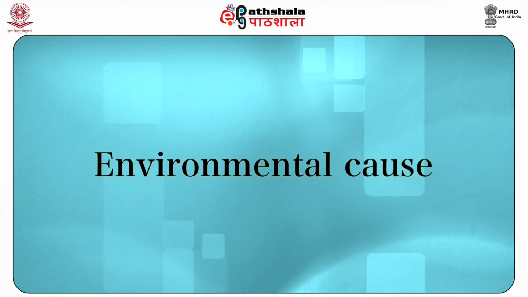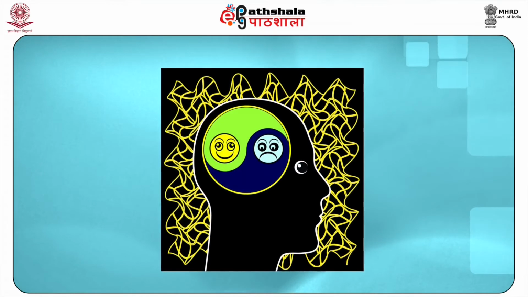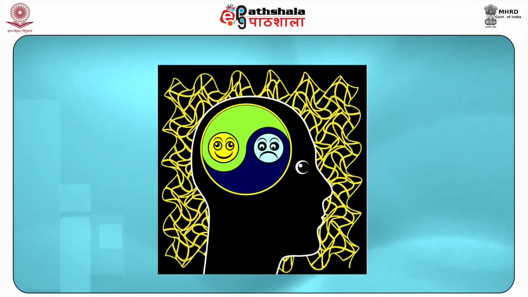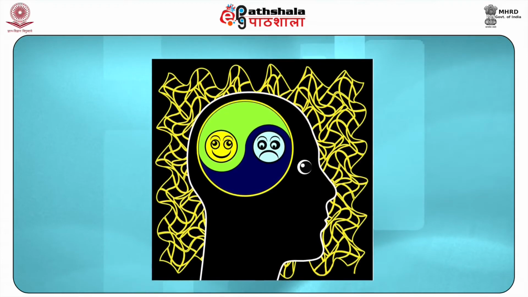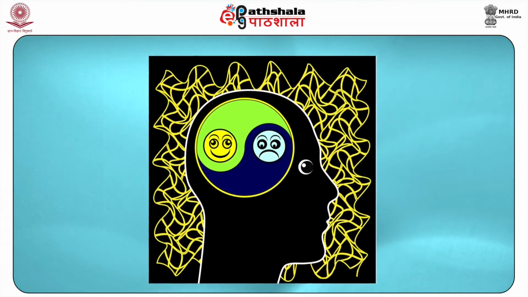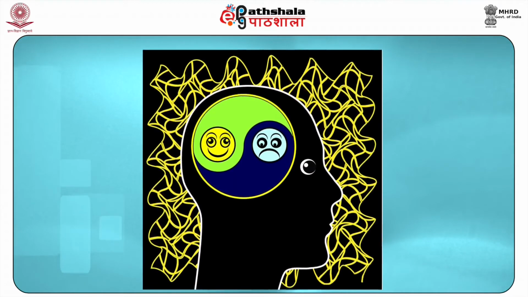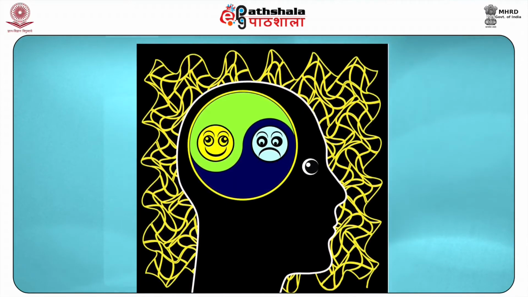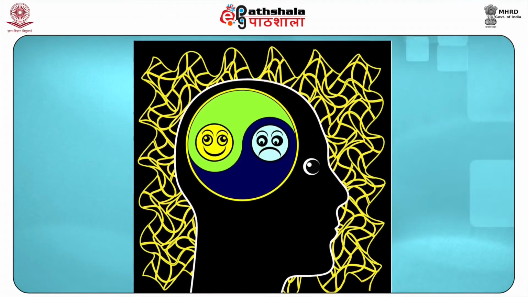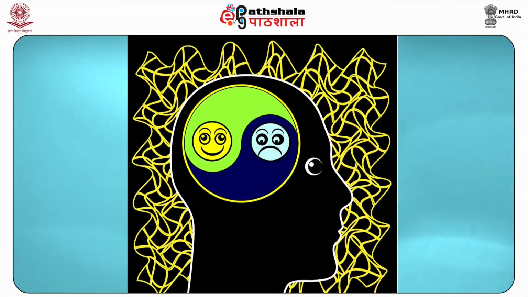Next is environmental cause. Various researchers suggest that environmental factors play a significant role in the development of bipolar disorder. There is fairly consistent evidence from relevant studies that recent life events and interpersonal relationships contribute significantly to the likelihood of onset and recurrence of bipolar mood episodes.